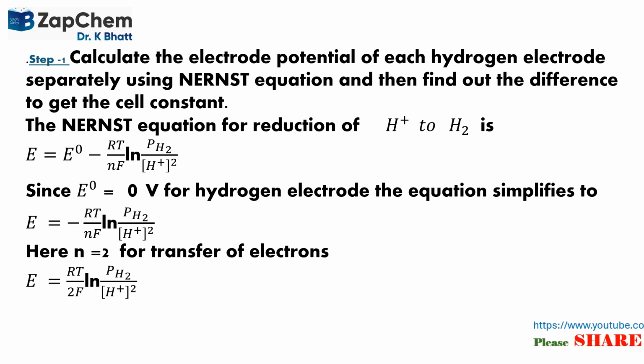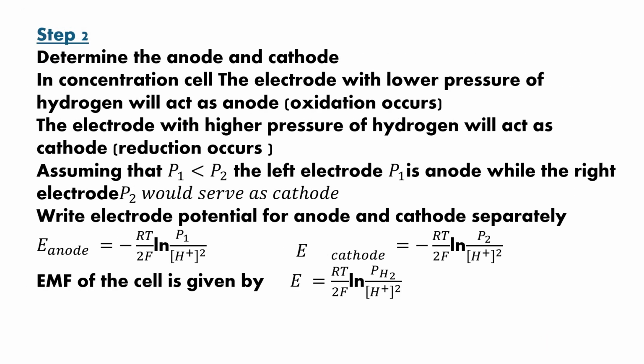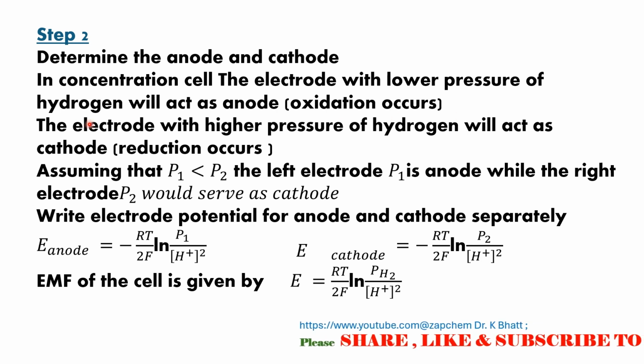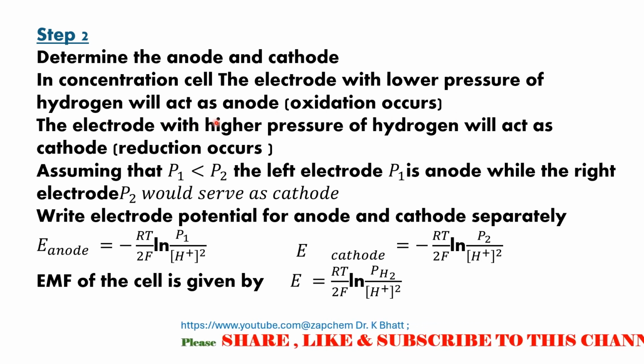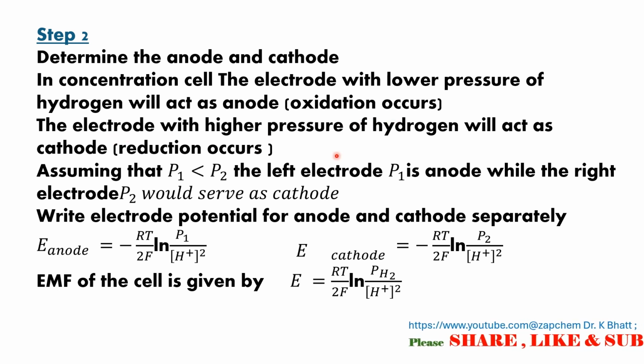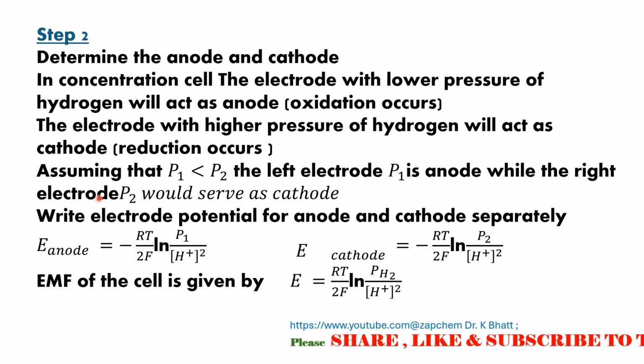Second step, we need to determine the anode and cathode. In a concentration cell, the electrode with lower pressure of hydrogen will act as the anode, where oxidation occurs. With higher pressure, the hydrogen electrode will act as the cathode.